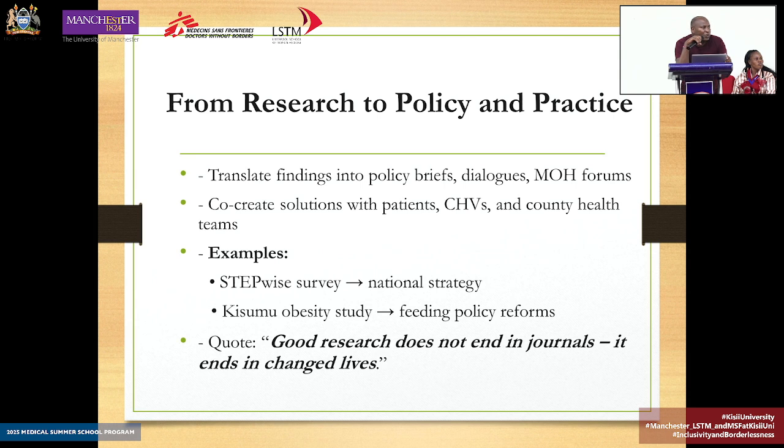So from research to policy and practice, remember, research has to be translated to a policy. And that's why when you are conducting a research, you must come up with even a policy brief, which you can share with stakeholders. And that's why we started with stakeholder management.